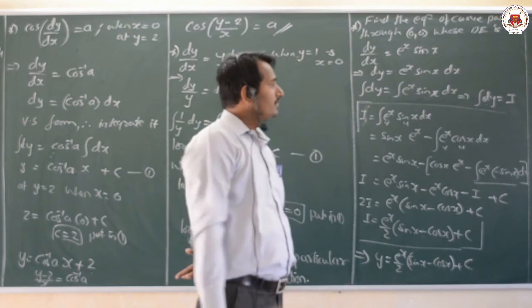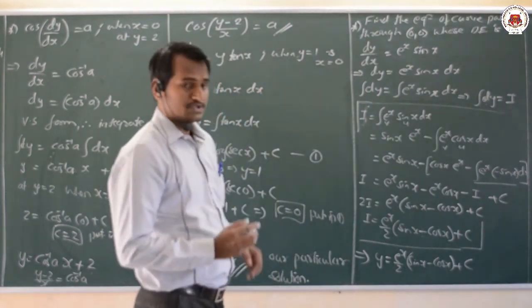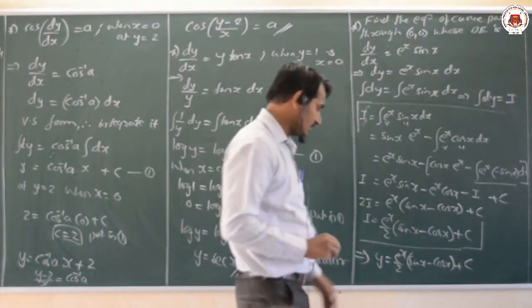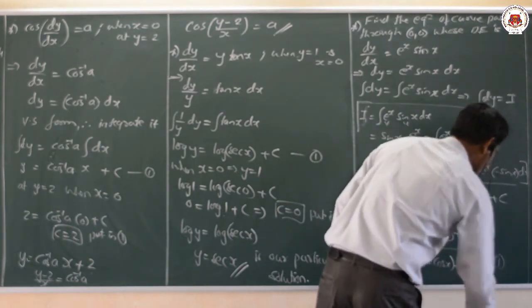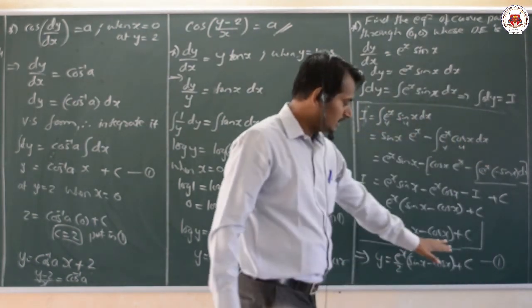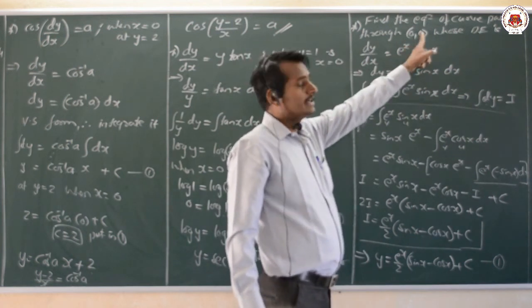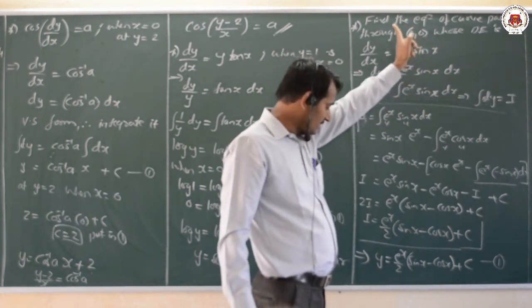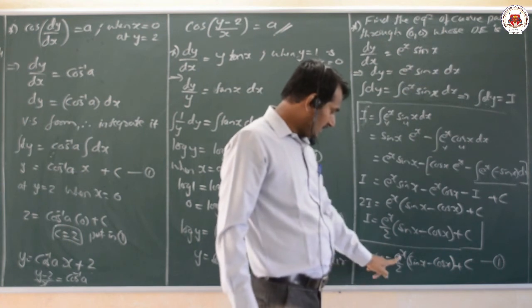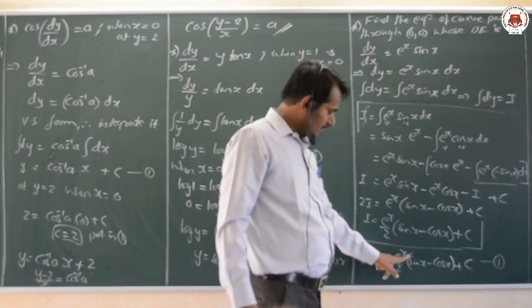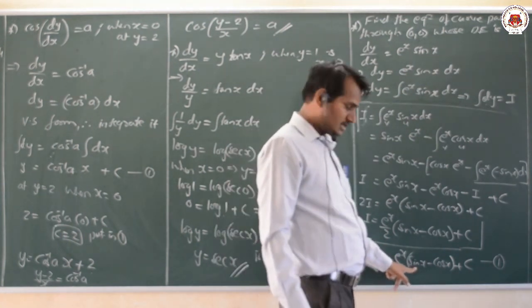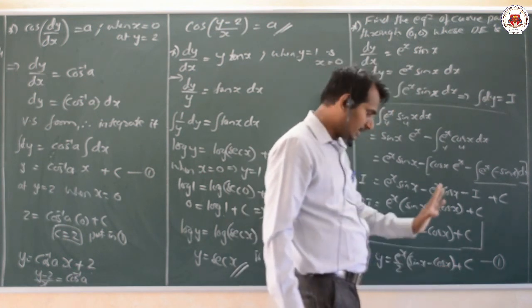Now the last step is we require to find the solution. It is nothing but our general solution, dear students. Here we require to find the constant c value. If I put 0 comma 0, which is already given, at 0 comma 0, y is 0, e raised to 0 is 1, sin 0 is 0, cos 0 will be 1 here.